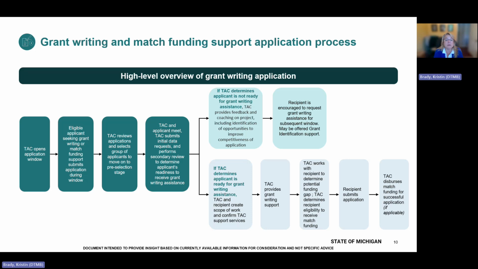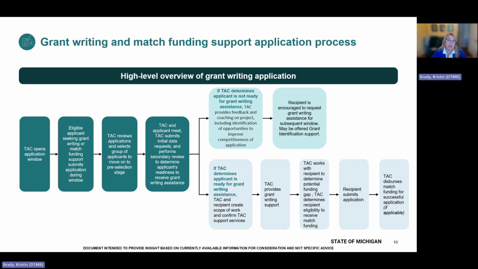So once all information is in, if we determine that the application and the project is not ready for the grant writing assistance, in other words, it does not look like it would be competitive from our perspective, then we will give all that feedback to the applicant.